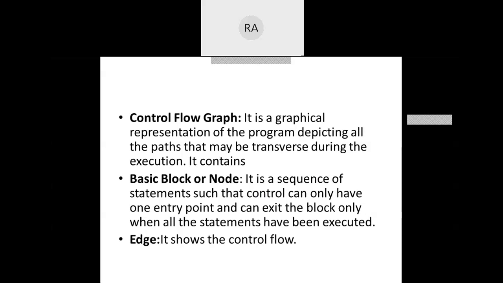A node is also referred to as a block. You already know that a set or sequence of statements forms a block, and a particular block has one entry point and one exit point only.